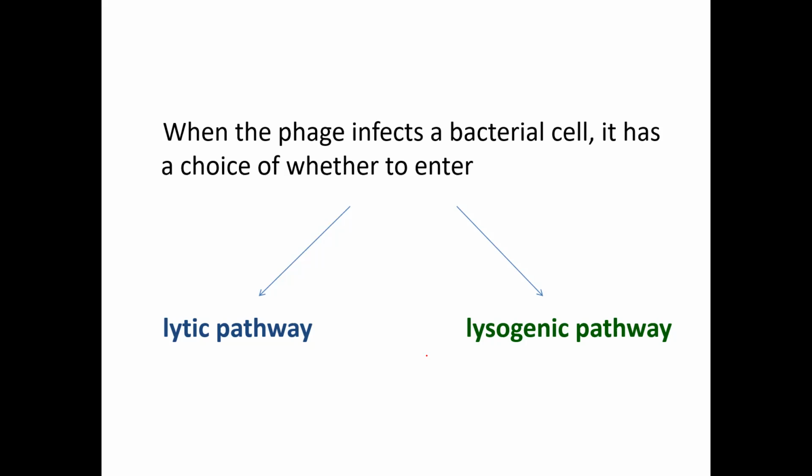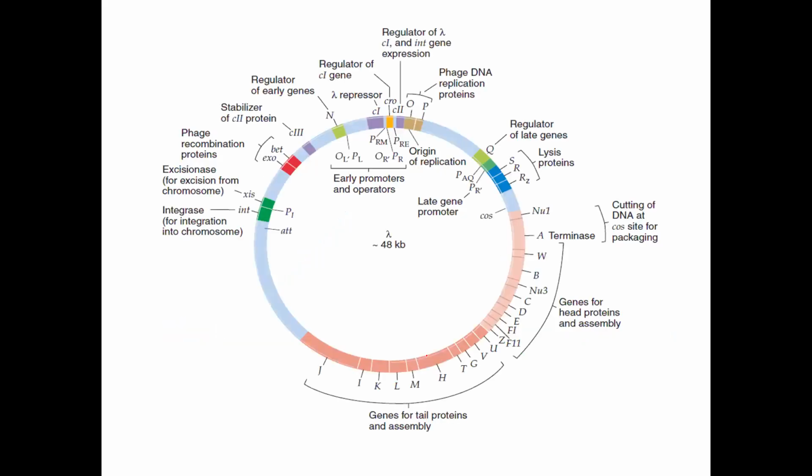This is the genetic map of lambda phage, and initially only two promoters are active, promoter left and promoter right. Why are they called PL and PR?